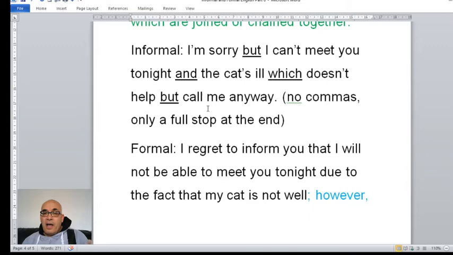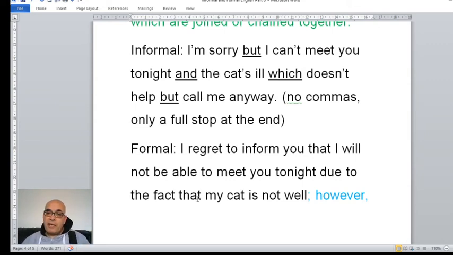And then you say here, due to the fact that, this means because. Of course, because is most of the time informal. It is better to use due to the fact that, this is formal. But because and due to the fact that have the same meaning.